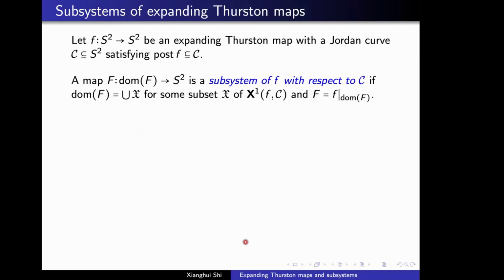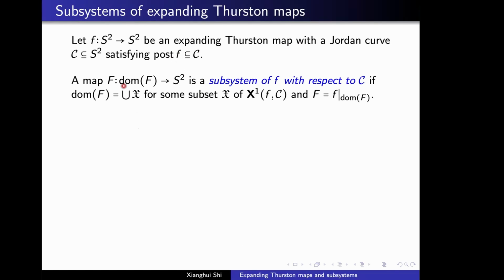Now let me explain the concept and give the definition of subsystems. Let F be an expanding Thurston map with a Jordan curve C, satisfying that C contains the post-critical set.